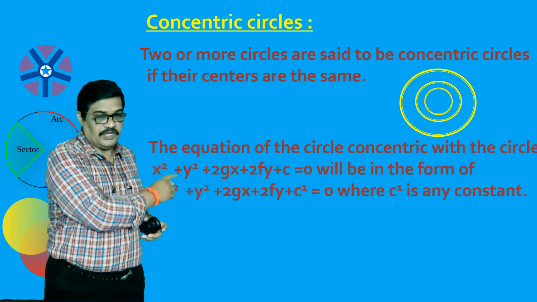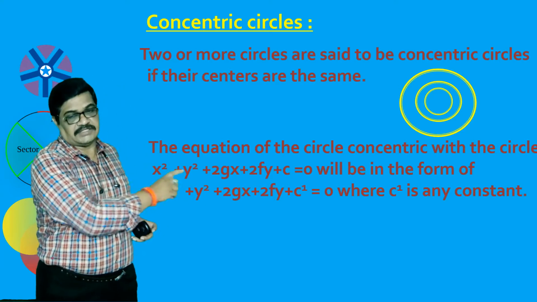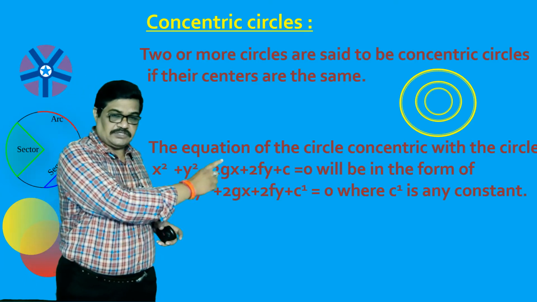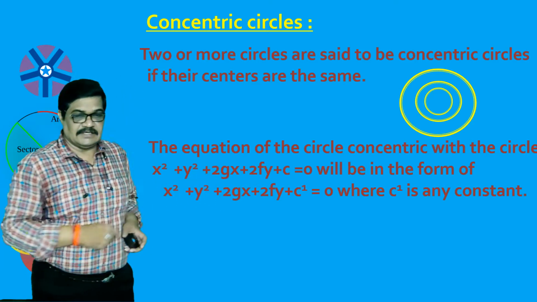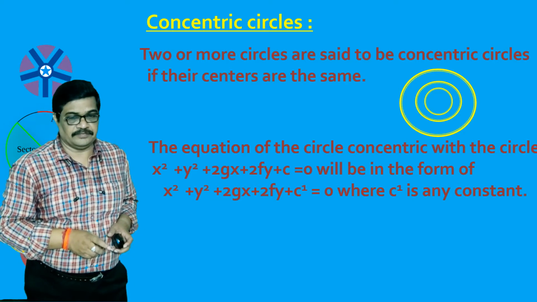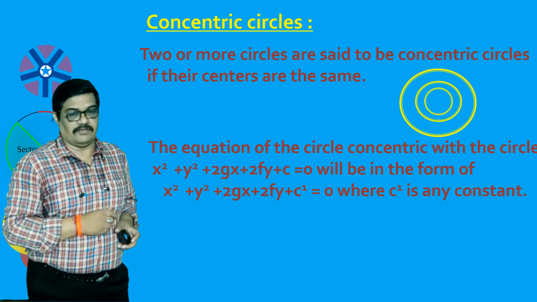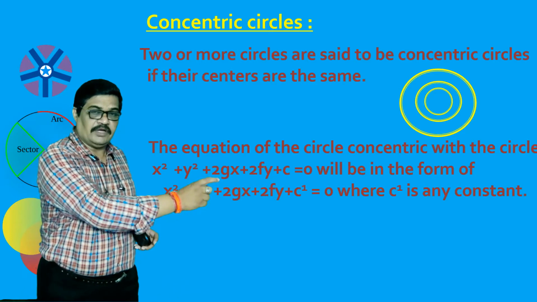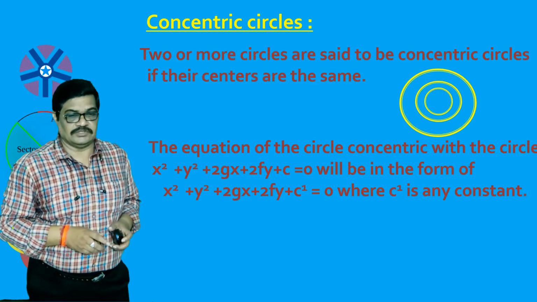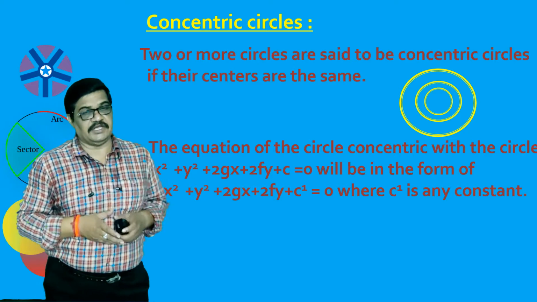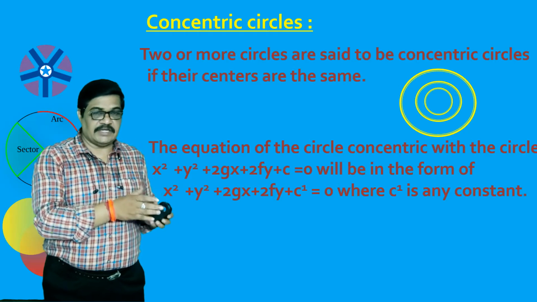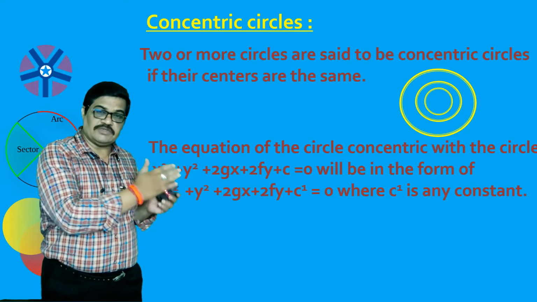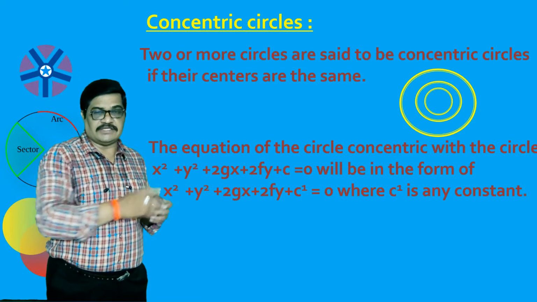Okay, see that the equation of the concentric circle with this circle x square plus y square plus 2gx plus 2fy plus c is equal to 0 will be in the form of x square plus y square plus 2gx plus 2fy plus c dash is equal to 0, where c dash is any constant.